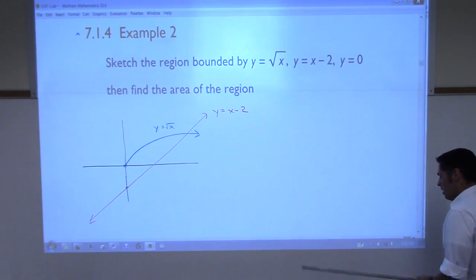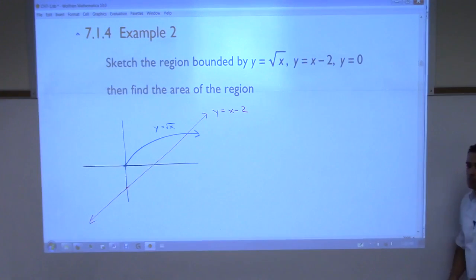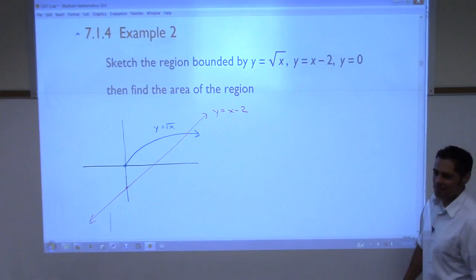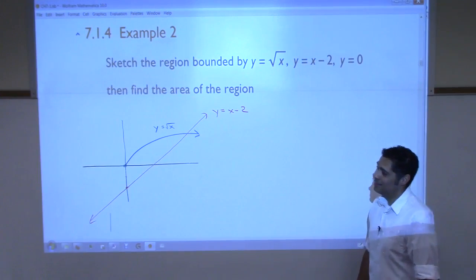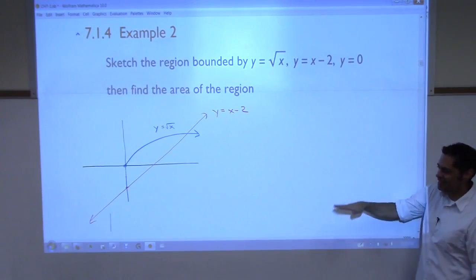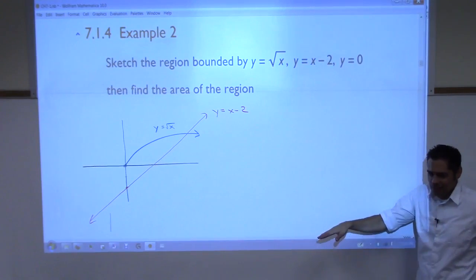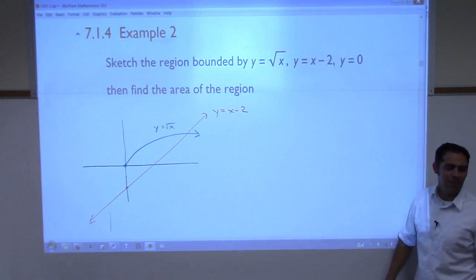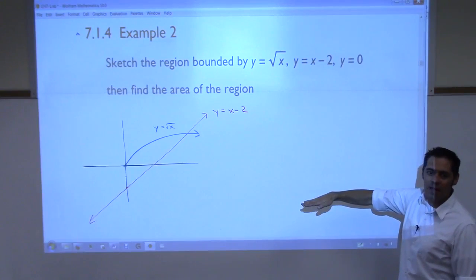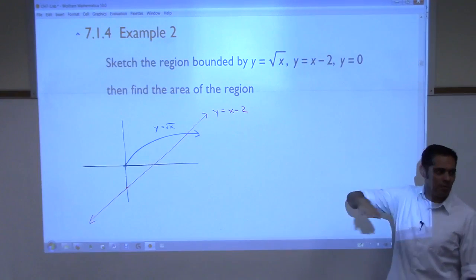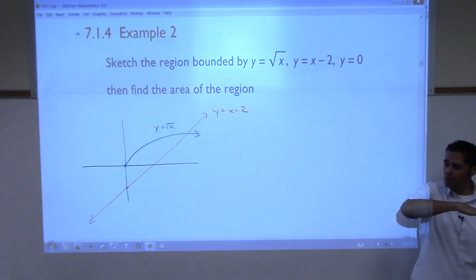Y equals 0. What is y equals 0? Flat line. Which way? It's the x-axis. Y equals 0. That means your y coordinate is always 0.